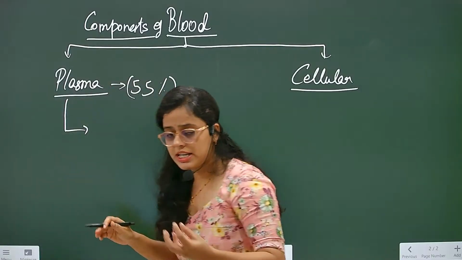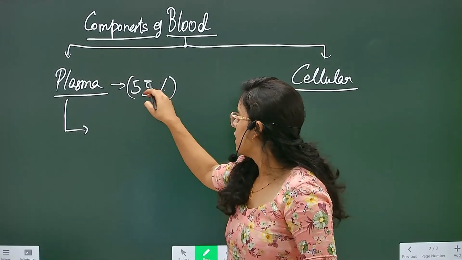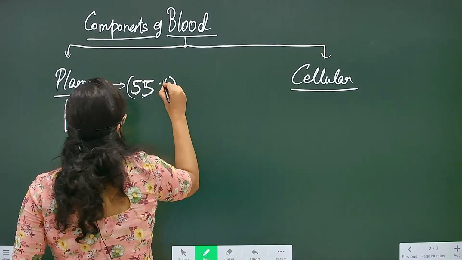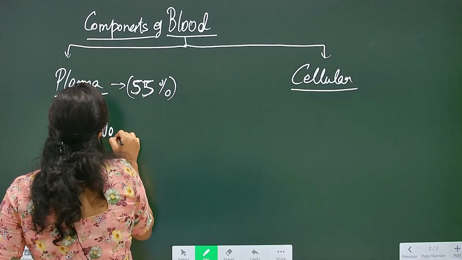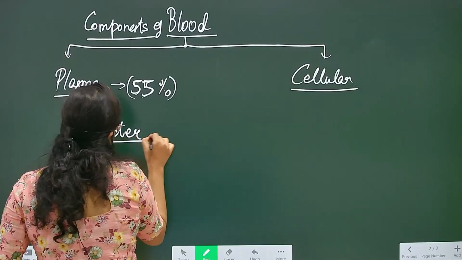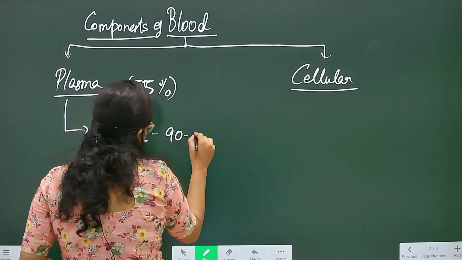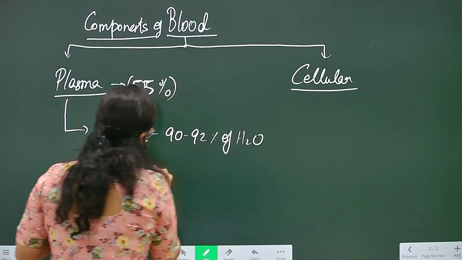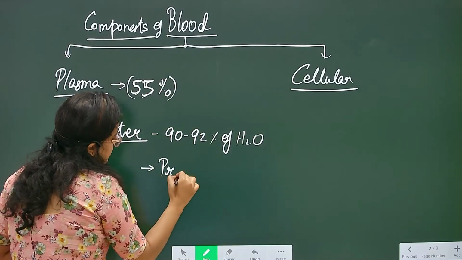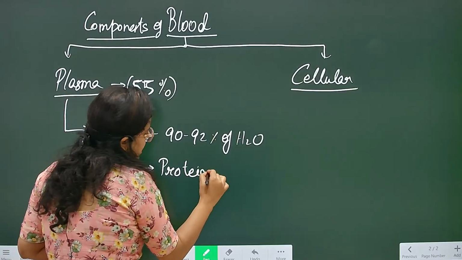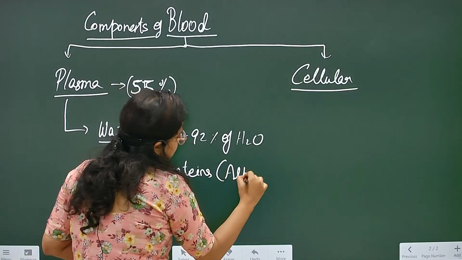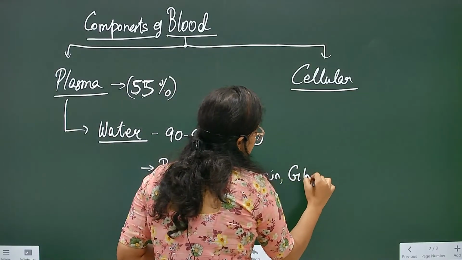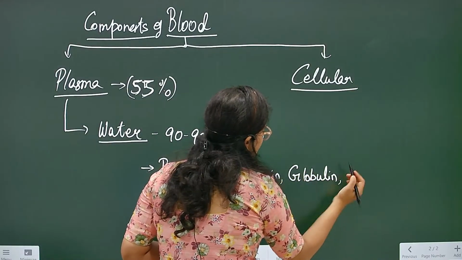As a result, the blood appears to be a viscous fluid. Now 55% of the blood is plasma, which majorly consists of water, 90 to 92% H2O. They also consist of proteins, as we have discussed earlier, like albumin, globulin and fibrinogen.